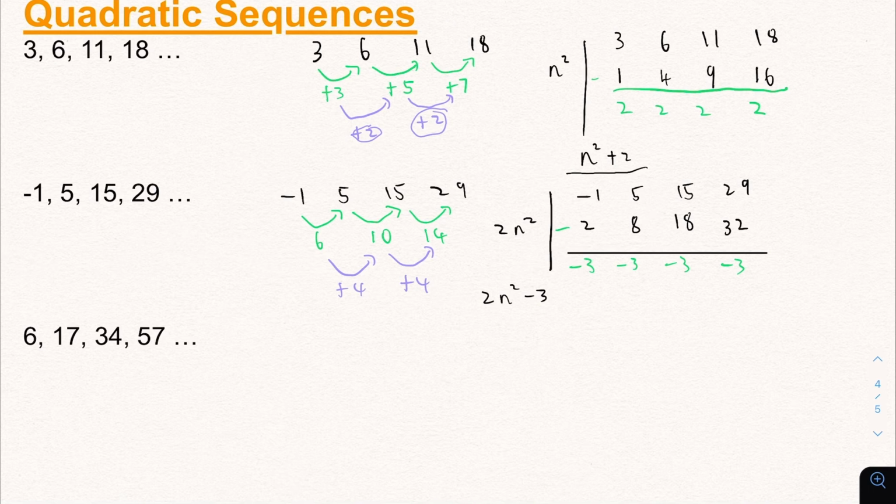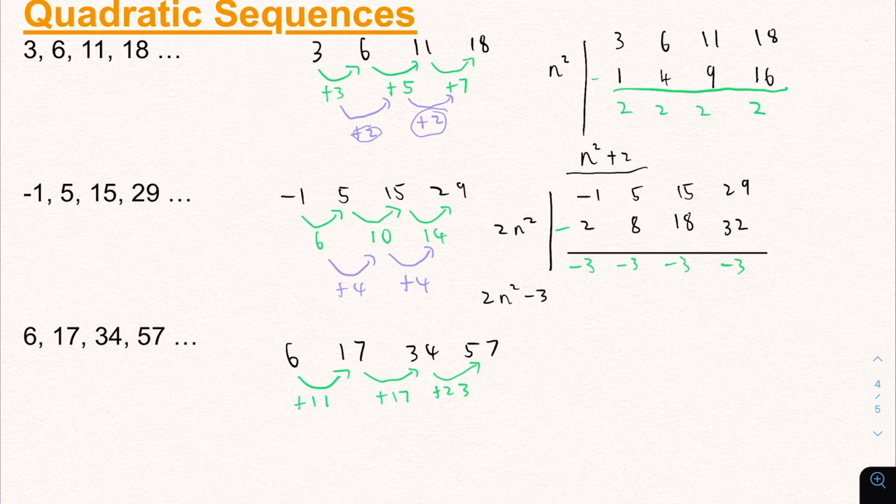the last one here would be, you write it out just as normal, 6, 17, 34, 57, right? So to get to 17 from 6, you add 11, and then from 17 to 34, you add 17, and from 34 to 57, you add, that should be 23.